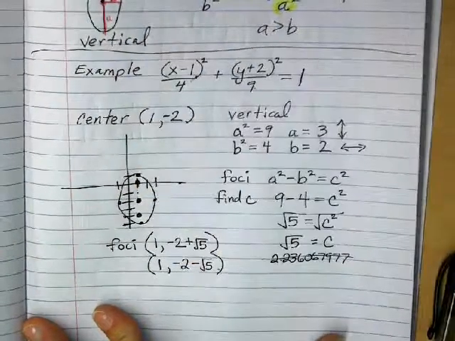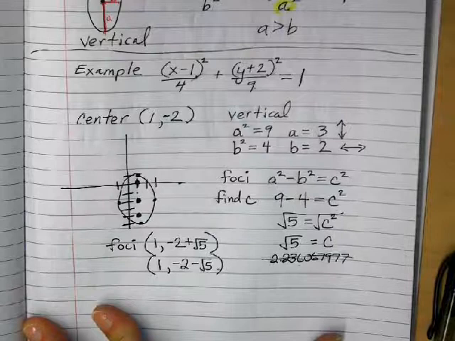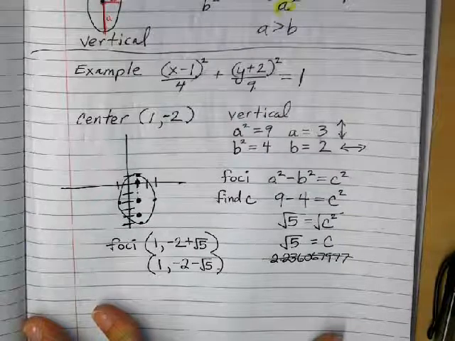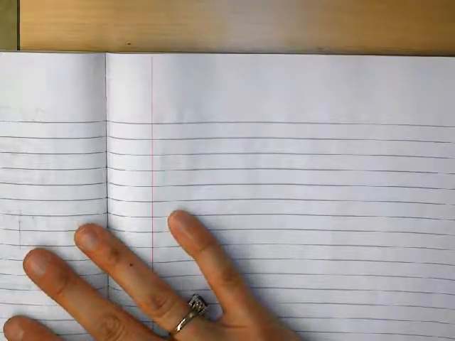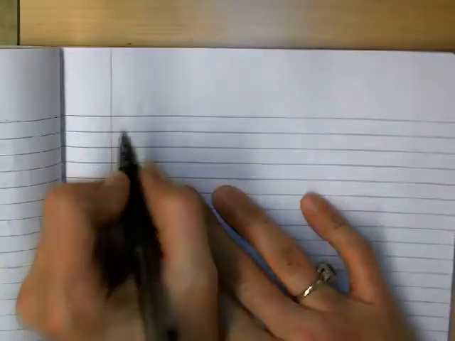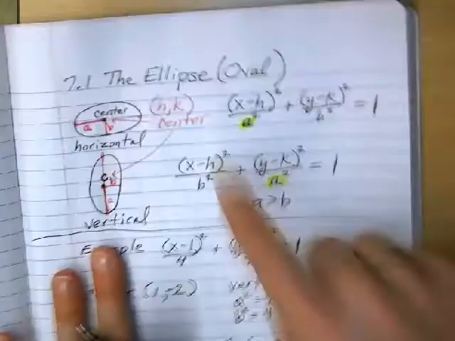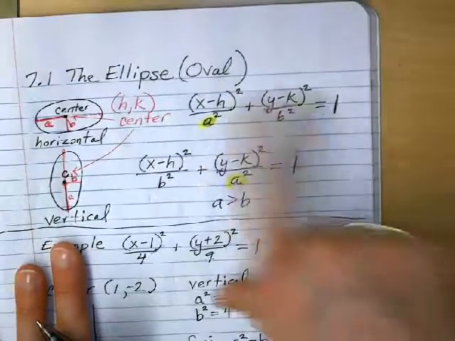Okay, let's see, there's one other thing, I guess. So we went over these formulas. There's one more thing. Sometimes the problem they give you in the assignment is not in this format. This is the standard format for these ellipse equations.